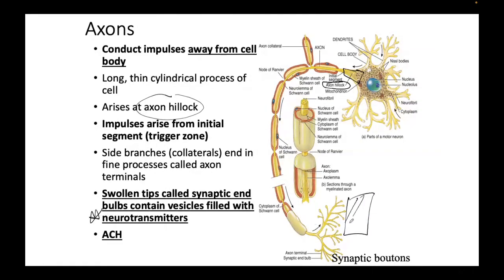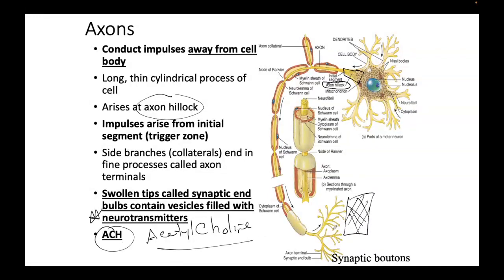The neurotransmitter that's involved in being excitatory to make muscles contract is called acetylcholine. Acetylcholine. That is the excitatory neurotransmitter.